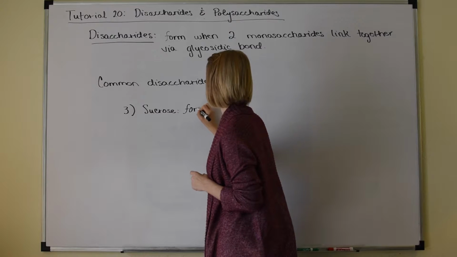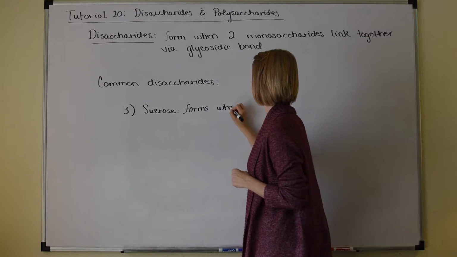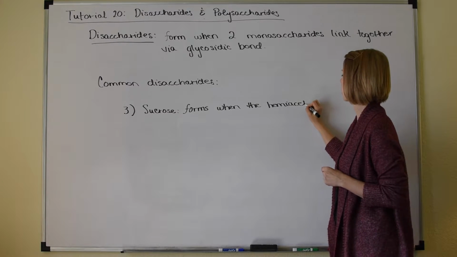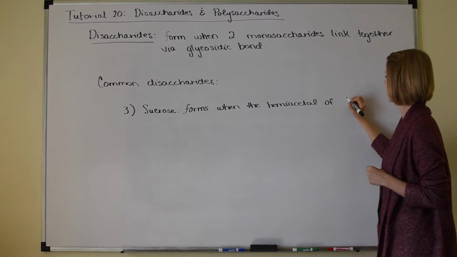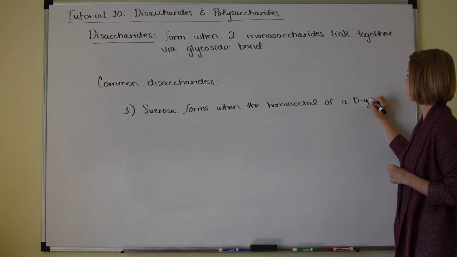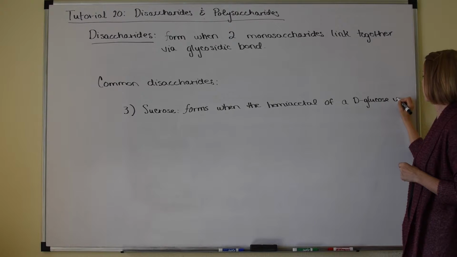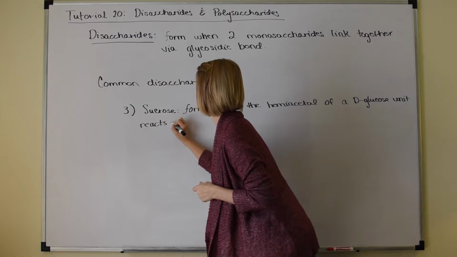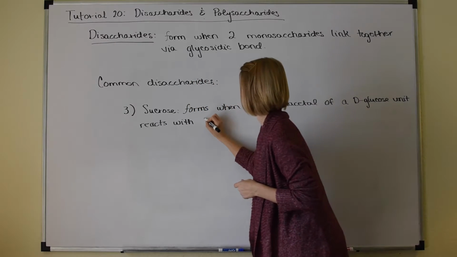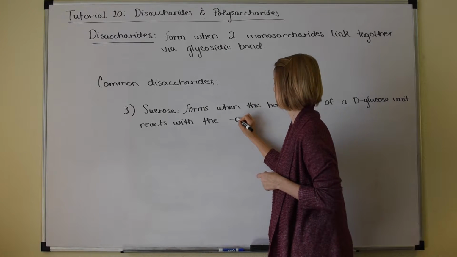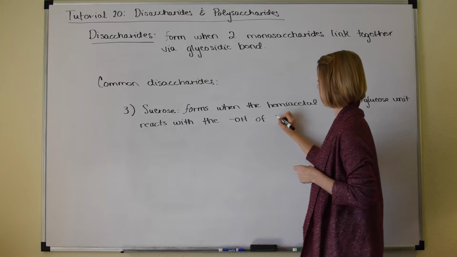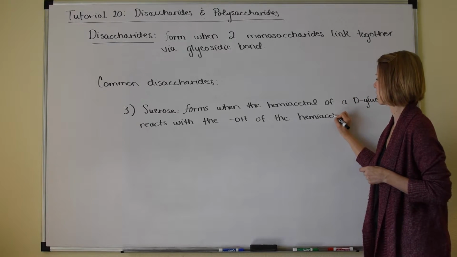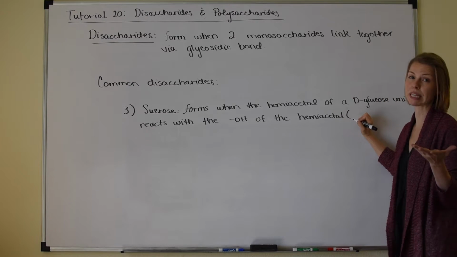Sucrose forms when the hemiacetal of a D-glucose unit reacts with the OH of the hemiacetal, which is more specifically a hemiketal in fructose.